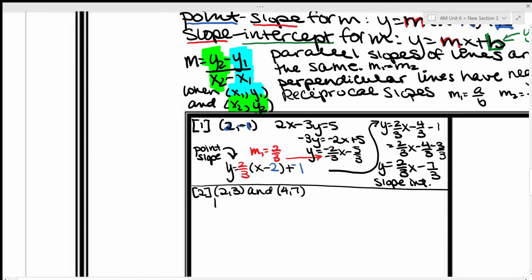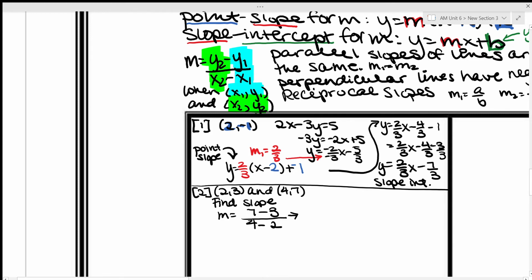Okay, I saw the formula on here. Find slope. So that's m equals my y2 minus my y1 over my x2 minus my x1. And I get a slope of 2.